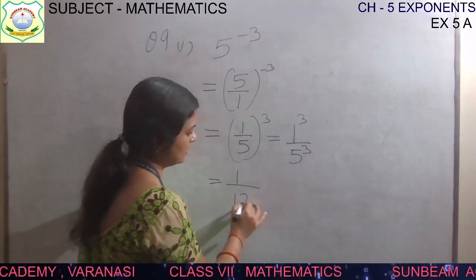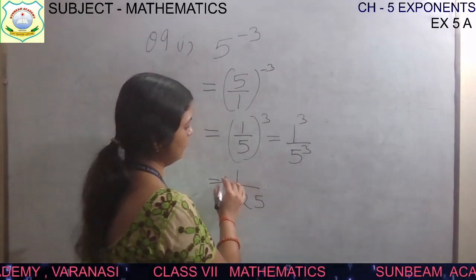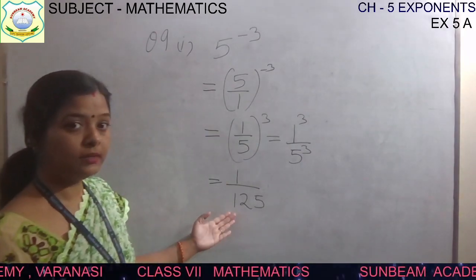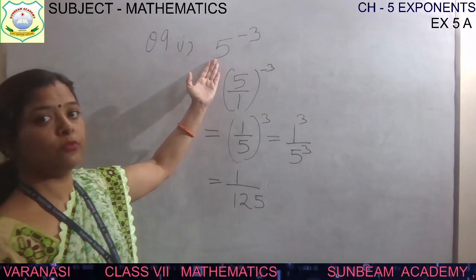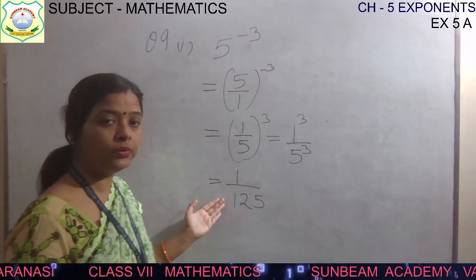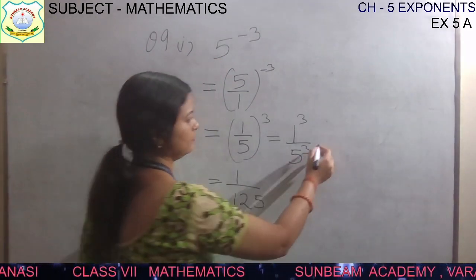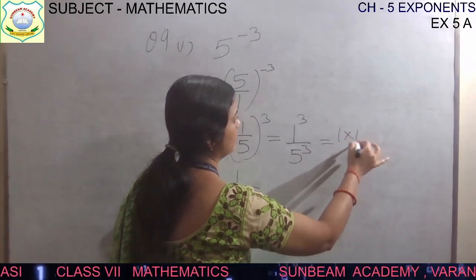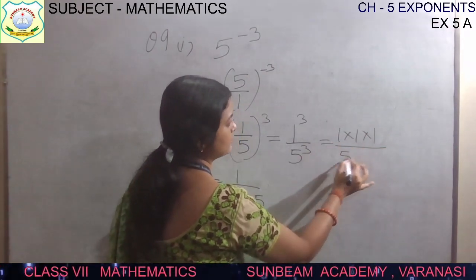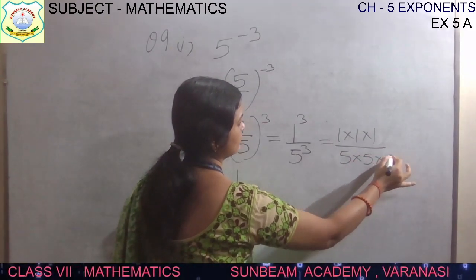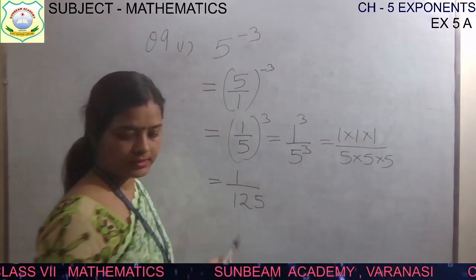So it is 125. This is the final answer. The answer is in rational number. This exponential form question is now converted into a rational number.